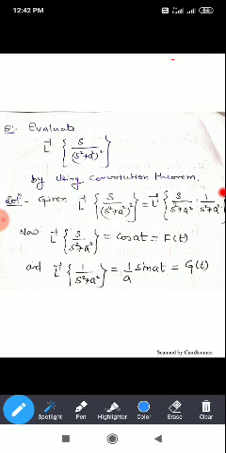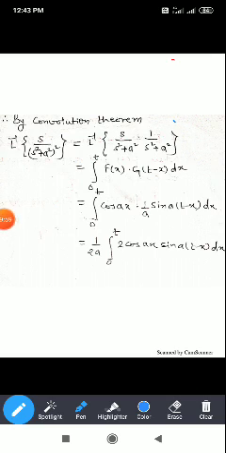Now let L inverse of s upon (s² + a²) equal f(t), and we know that this equals cos at, and Laplace inverse of 1 upon (s² + a²) is equal to 1/a sin at, equal to g(t).